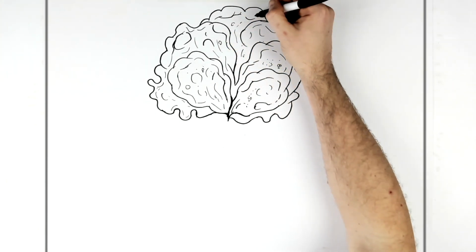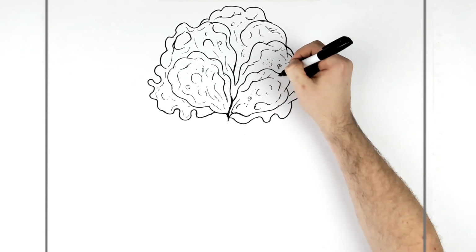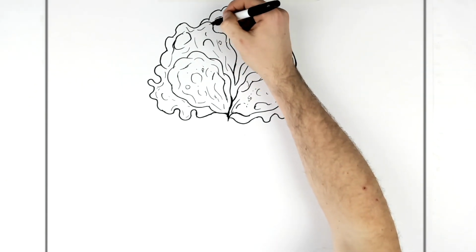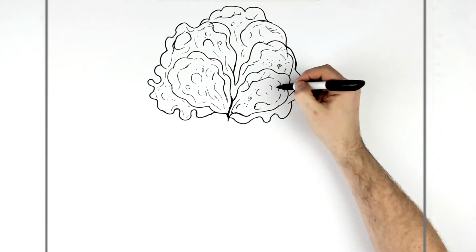So you just keep building up your texture until you're happy with it. And you just keep adding dots and all this bumpy sort of stuff, right?